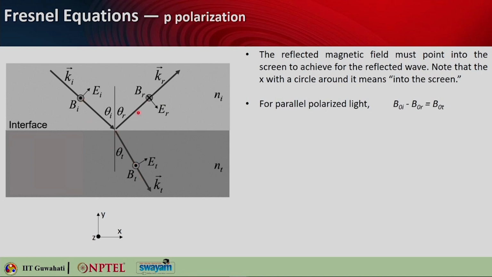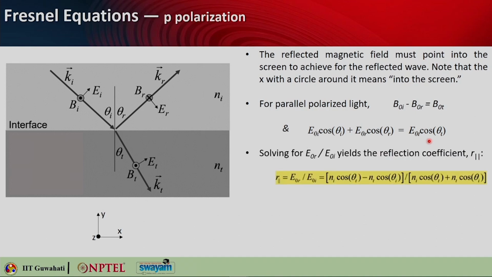So this is positive, this is negative. So this is the equation that you get. And for the electric fields, you can see that the tangential components are E0I cos theta i, E0R cos theta r, and E0T cos theta t. So this is how the components will look. So this is the equation that the tangential electric field is also continuous.